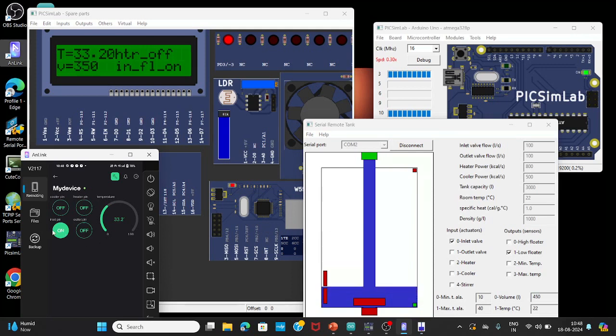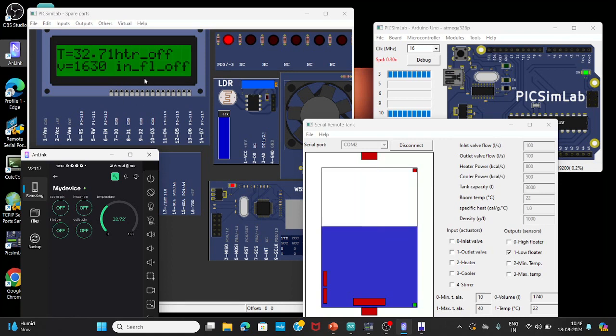You can also see the status of the tank and how much volume of water is in the tank. And when I am turning it off, it's showing inflow off. And when I am turning on the outlet pin, the water is going out.